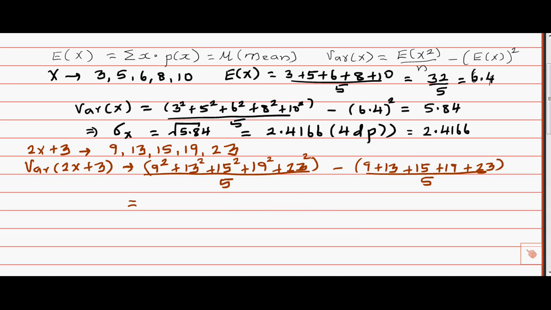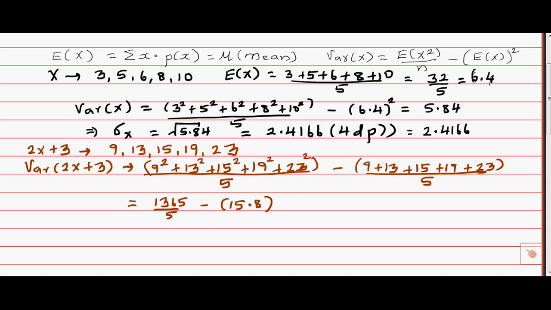The final answer: the variance is 23.36. I have worked this out, so the sum of squares is 1365, you can check that on a calculator, divided by 5, minus 15.8 the whole squared.